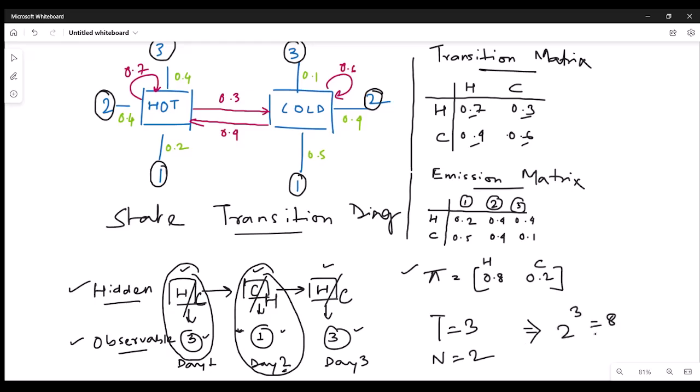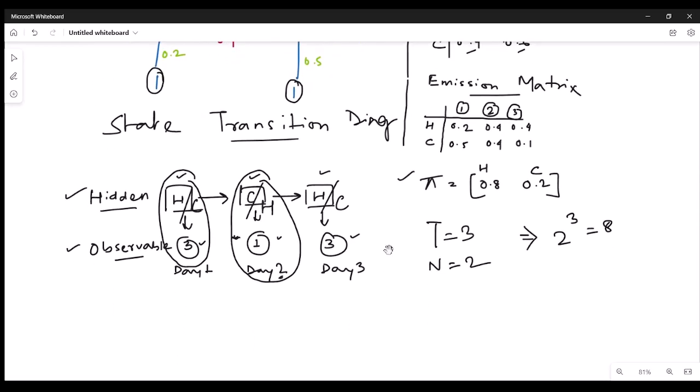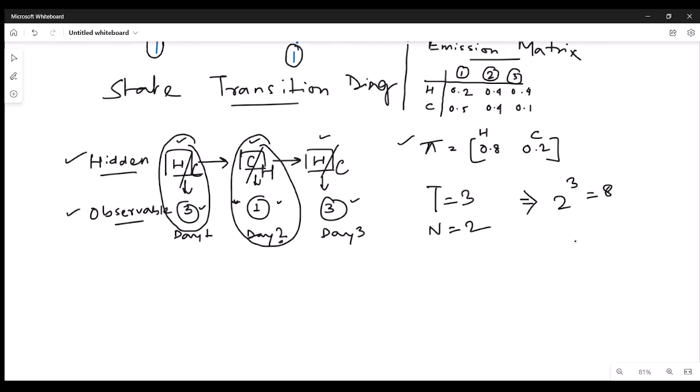is equal to 8. Now, the hidden Markov model says that we need to identify the probability of the entire combinations of these hot and cold hidden states with respect to the observable state, and from there we need to identify the combinations that give the maximum probability.